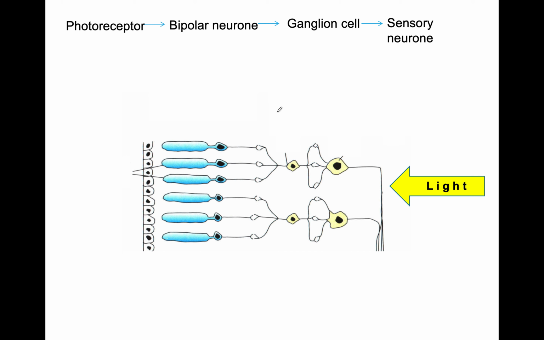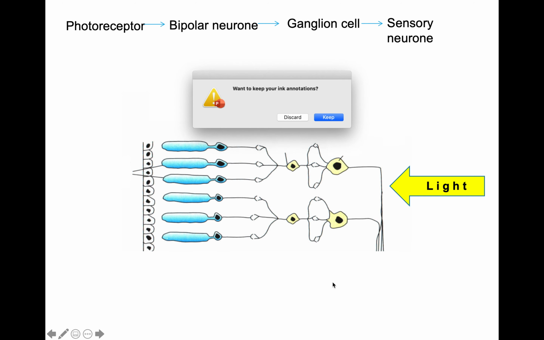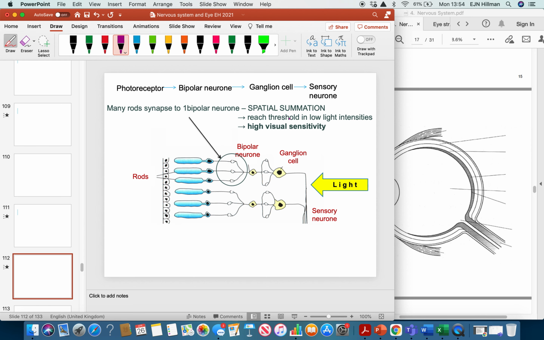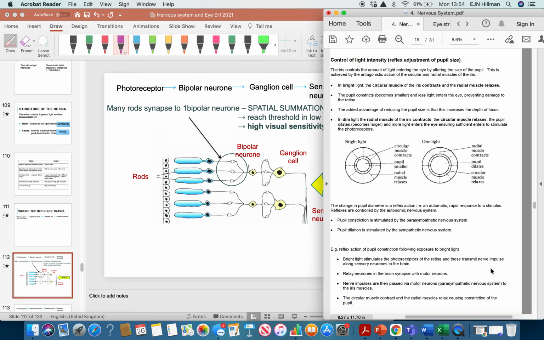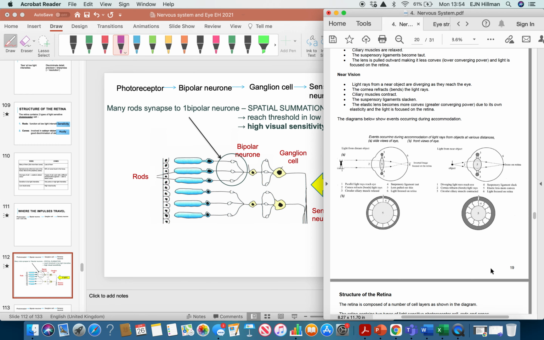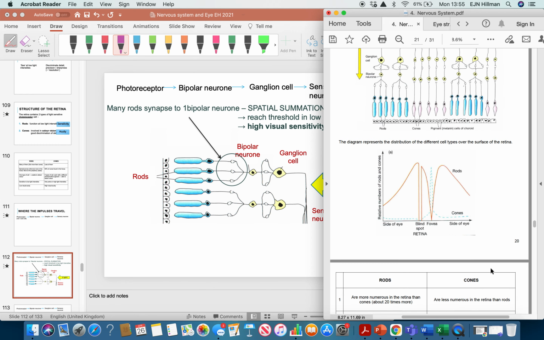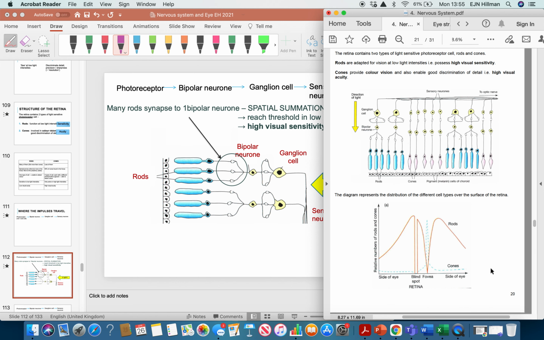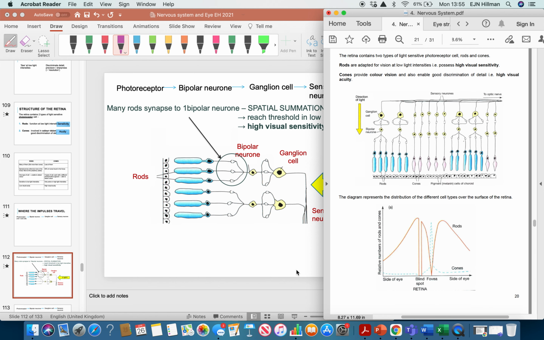So here we can see that. This is part of the diagram that you have. Let me show you on page. Where are we now? Okay, yeah, on page 20. Okay, so we're just going to have a look first at this part of the diagram involving the rods.